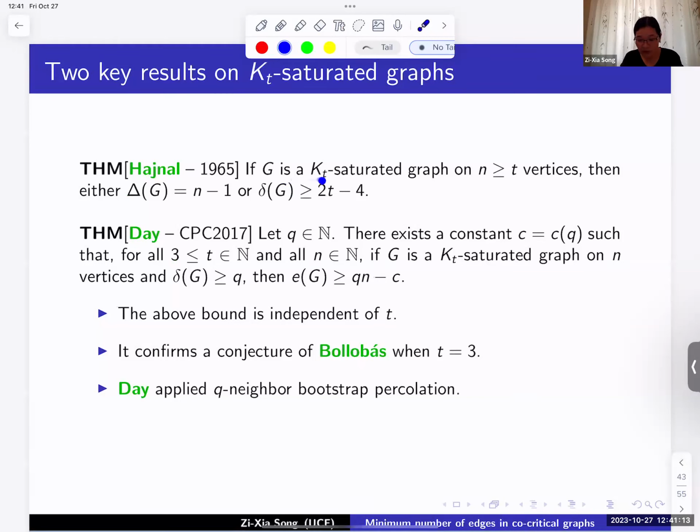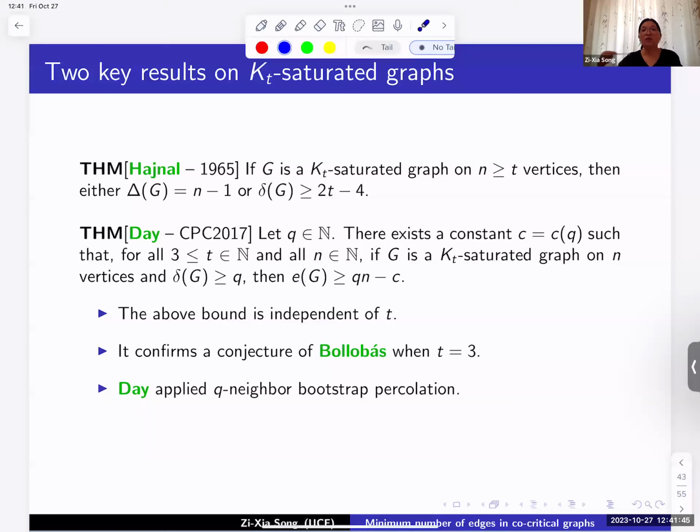If you take a K_t saturated graph on at least t vertices, either you can have a vertex adjacent to all the other vertices, or its minimum degree is high, at least 2t minus 4. And this boundary you cannot improve.